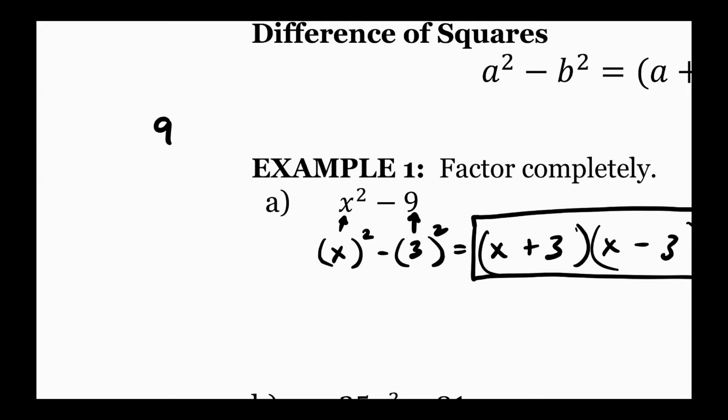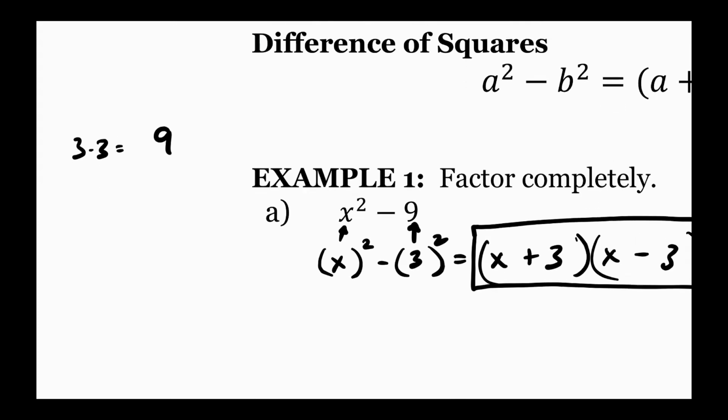Perfect squares. I'm talking about the perfect squares. Well, what is 9? How do I make 9 again? 3 times 3. So follow the pattern. What's another perfect square? It has to be a number times itself. So it would still be 9.